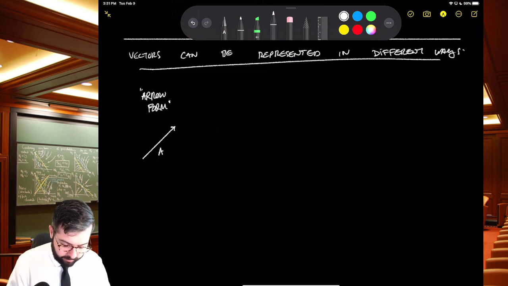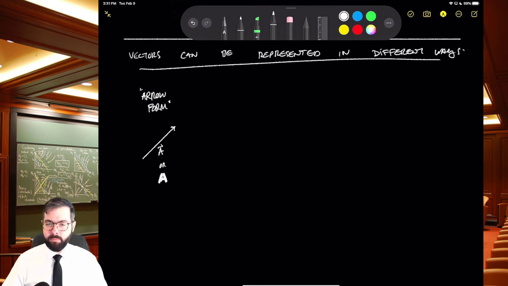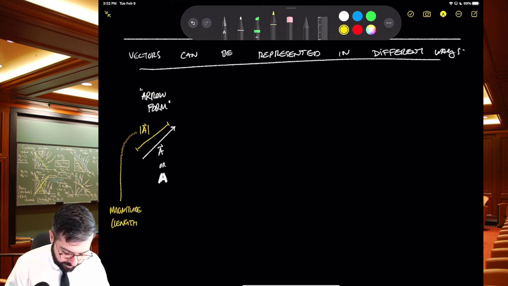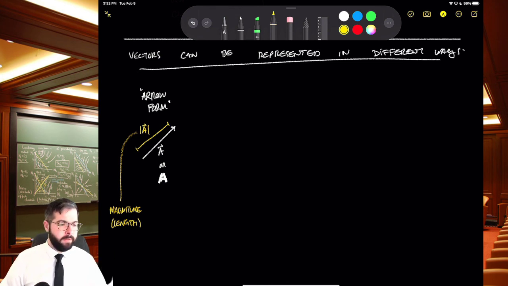That's where we have some vector A, and we use this little arrow notation above, or a bold letter represents a vector. And in this picture, we recognize that this length here is what we call the magnitude of A. We use the absolute value symbol just like we do on the real line to signify the length.